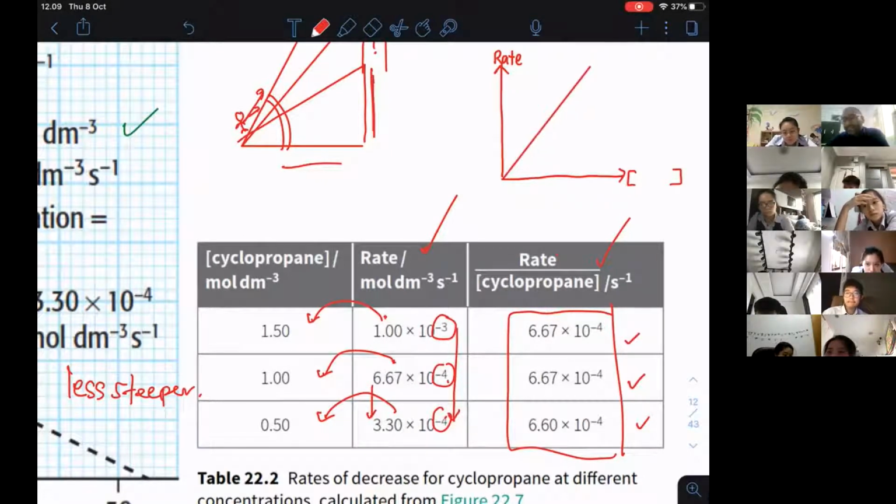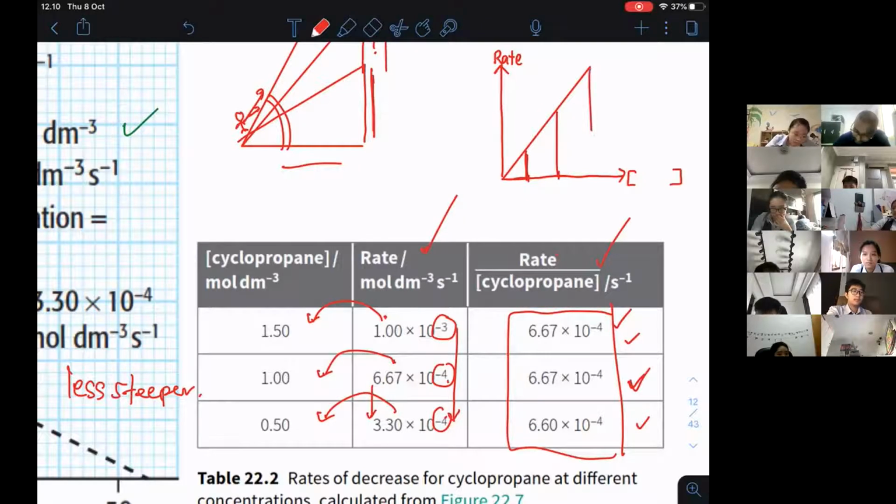This is what they mean. It means at this concentration, the rate is still going to be the same. So it's a straight line graph.